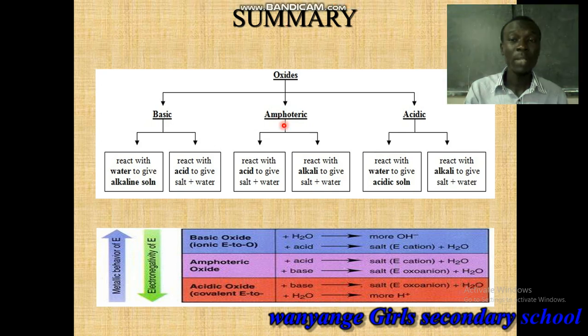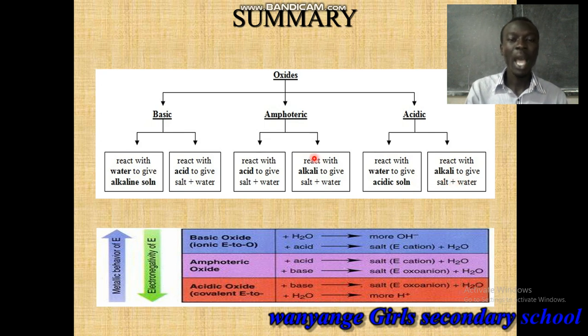So amphoteric oxides also react with bases or alkalis to form a salt and water. Then acidic oxides react with water to form acidic solutions, and they react with alkalis or bases to form a salt and water.